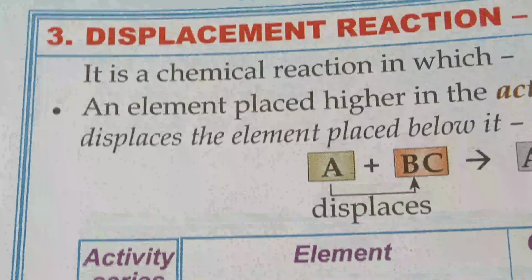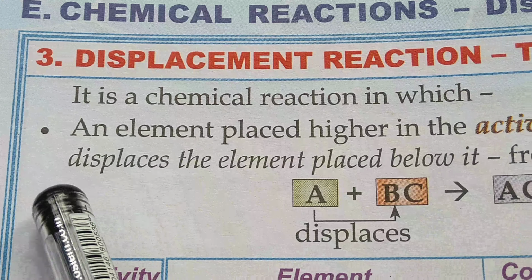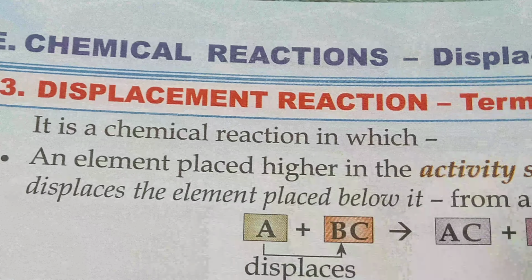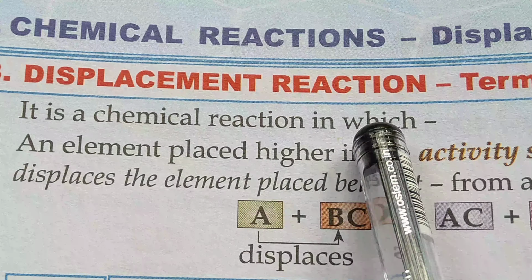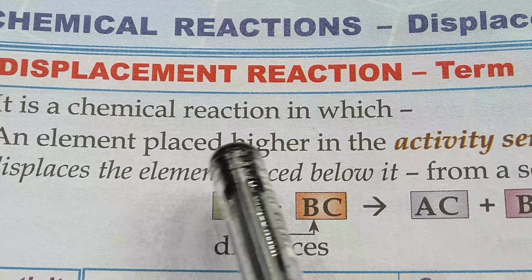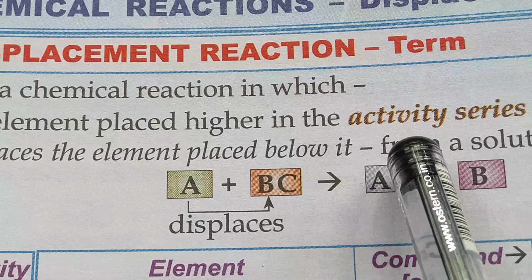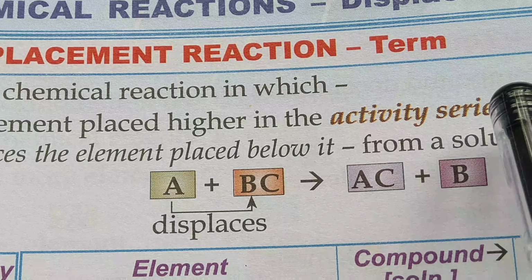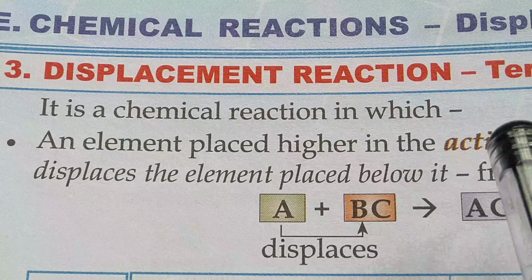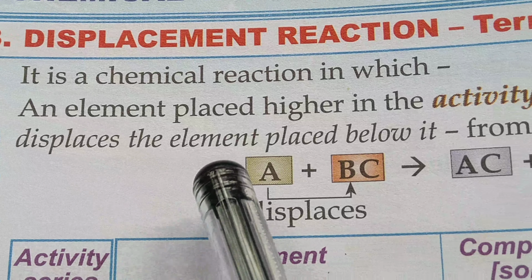Next, displacement reaction. It is a chemical reaction in which an element placed higher in the activity series displaces an element placed below it. Just mind it. A metal that is higher in the activity series can do the displacement reaction.